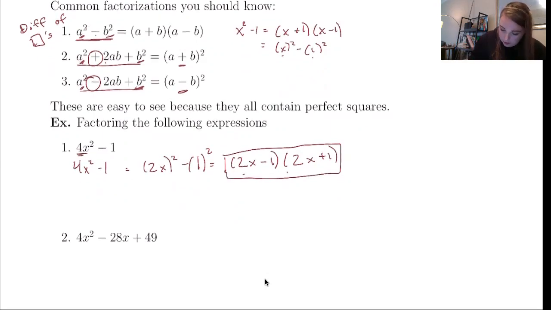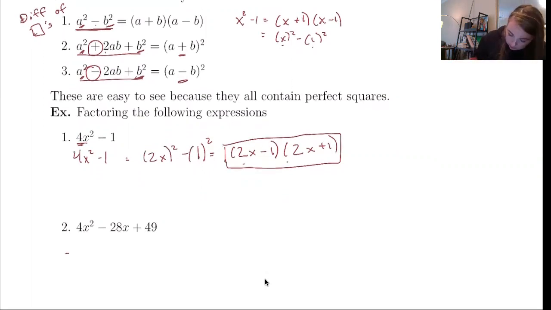So number 2, I have 4x squared minus 28x plus 49. Only 48, I don't even think... 28 is divisible by 4, but not 49. So I can't pull out 4. So it probably has to do something similar to 1, where it was involved in the squared.